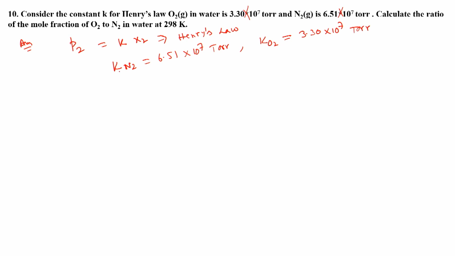So these are the Henry's constants for nitrogen and oxygen. Okay, so PO2 will be KO2 times XO2, right, and PN2 will be KN2 times XN2.